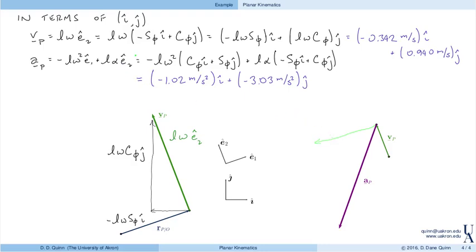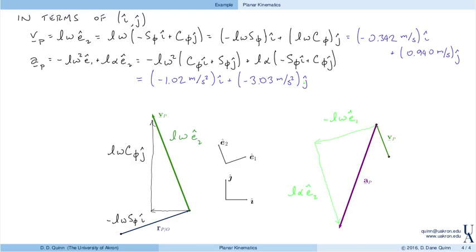And then it has a component in the E2 direction. Well, alpha was negative, so that ends up being in the minus E2 direction, like so. So this term is minus L omega squared E1, and this term is L alpha E2. Again, alpha was minus 5 in the problem statement, so we get a component in the minus E2 direction.